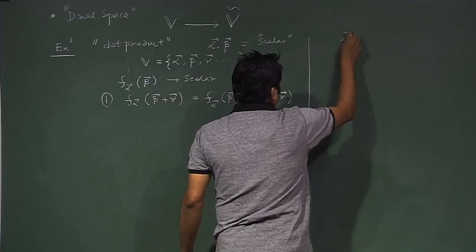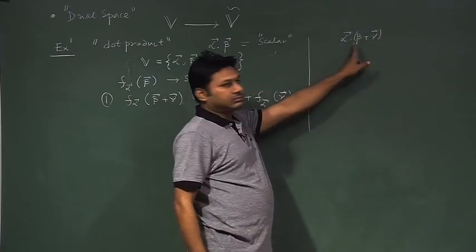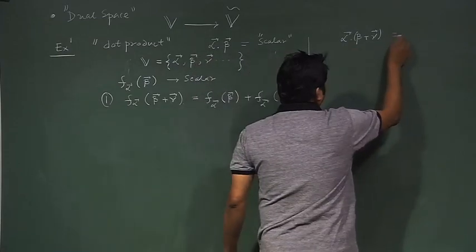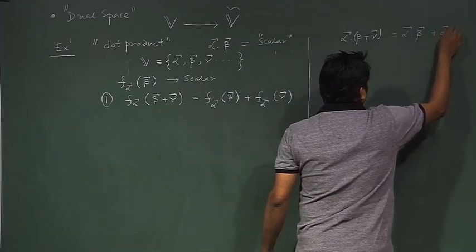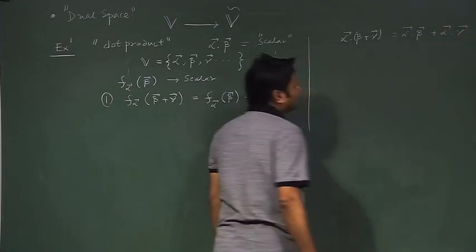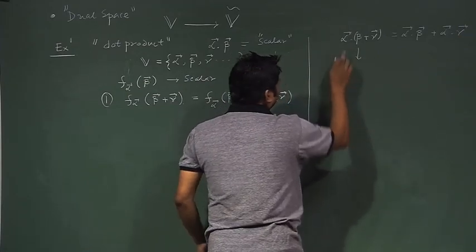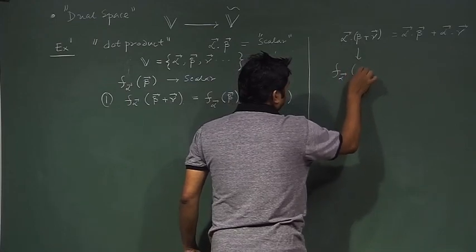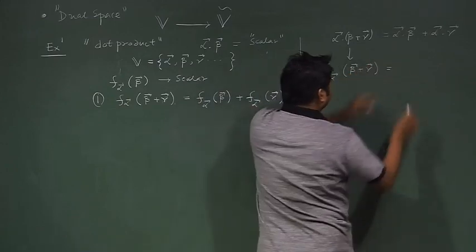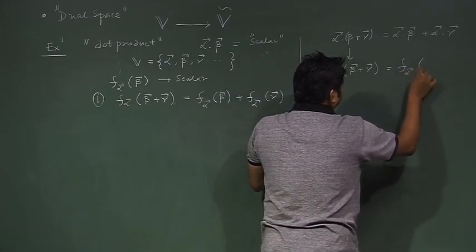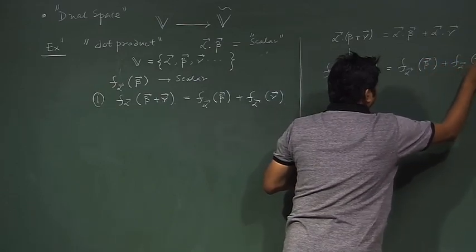So, alpha dot beta plus gamma. I can write this as alpha dot beta plus alpha dot gamma, no problem with that. If I write it in my notation, alpha is operating over beta plus gamma, and I can simply write it in this way.